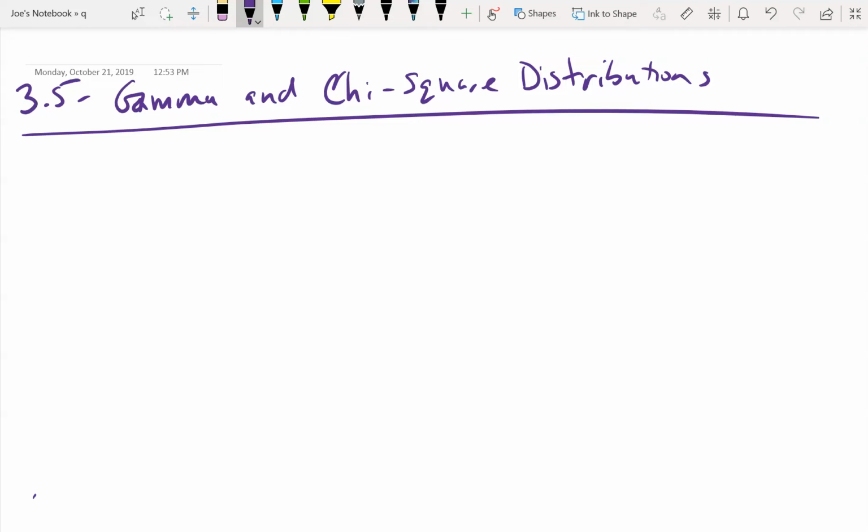Okay. And it turns out the chi-squared distribution is a special case of the gamma distribution, so that's why it falls into this particular section. We'll see a little bit in the next chapter why the chi-squared pops up where it does, and how it relates to more general types of distributions, in particular the normal distribution.